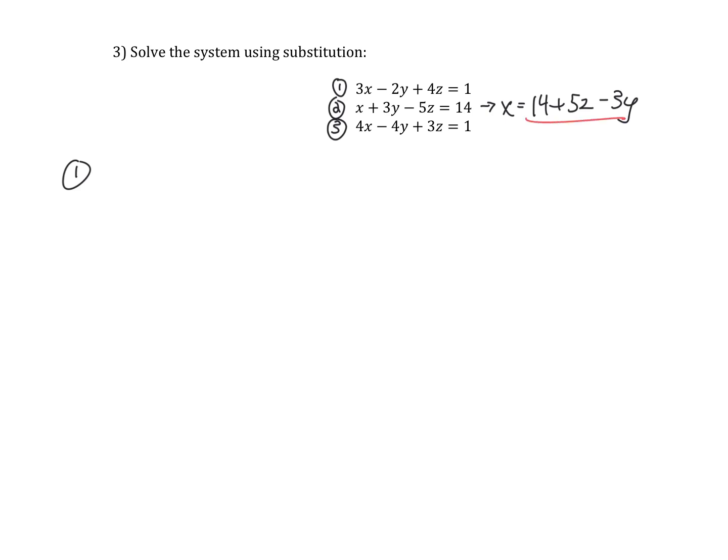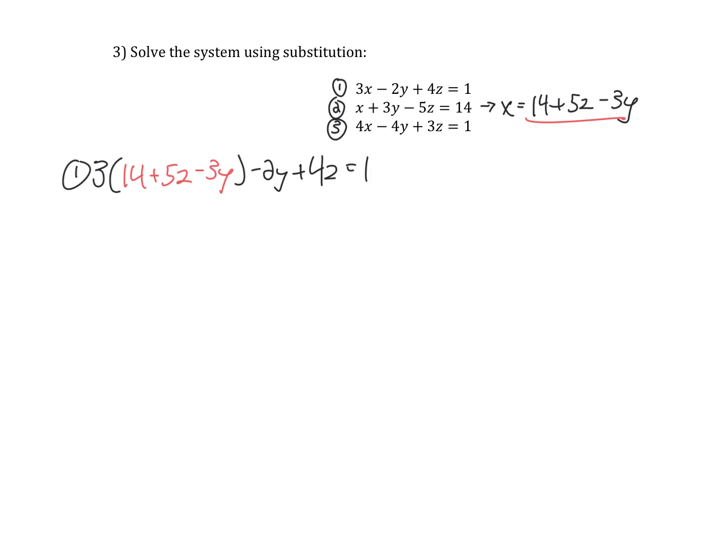Let's do 3 times, and I'll just switch colors so we can see, 14 plus 5z minus 3y, minus 2y plus 4z equals 1.